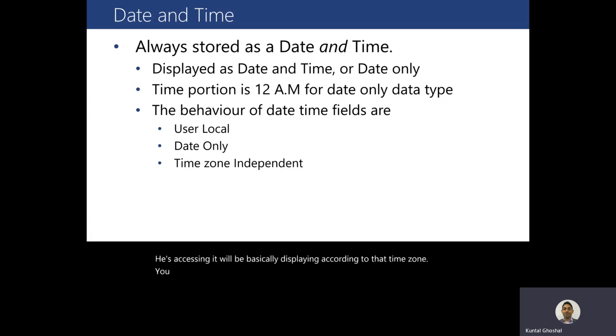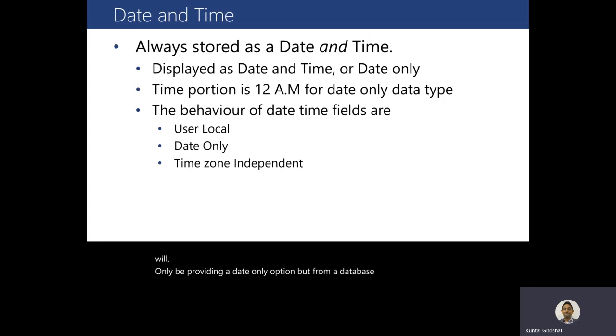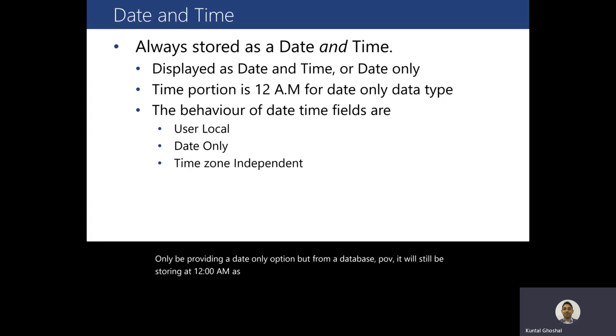You can also choose date only. In that case, from a user's point of view, it will only provide a date option. But from a database point of view, it will still be storing 12 a.m. as the time.